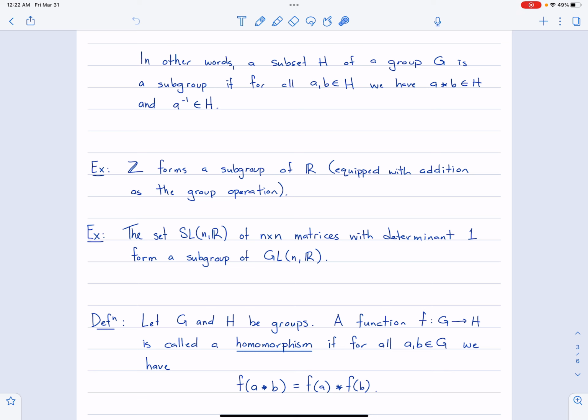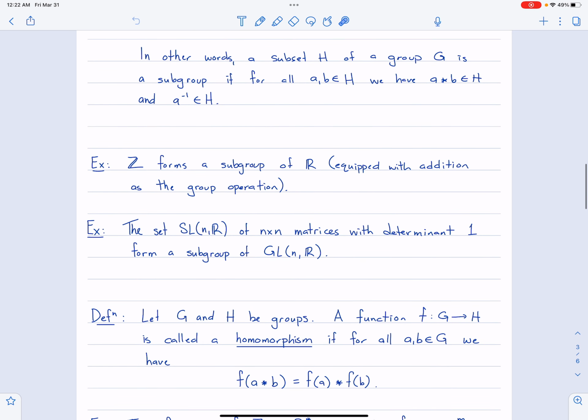A homomorphism, so it's a different word, is a function from a group to another group that respects the group operation. When I say it respects the group operation, I mean that f of a times b should be equal to f of a times f of b.